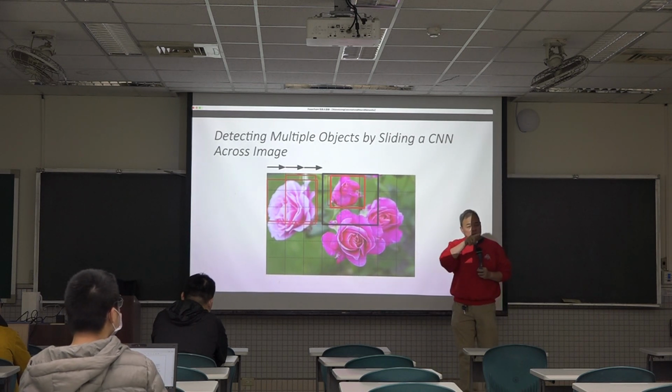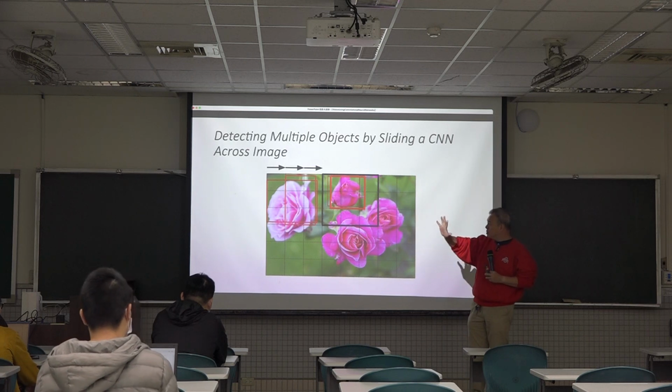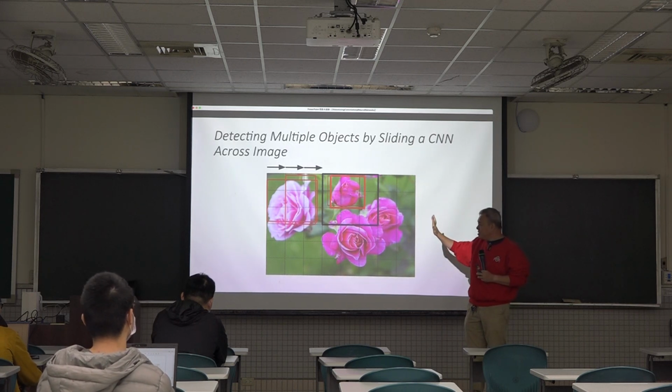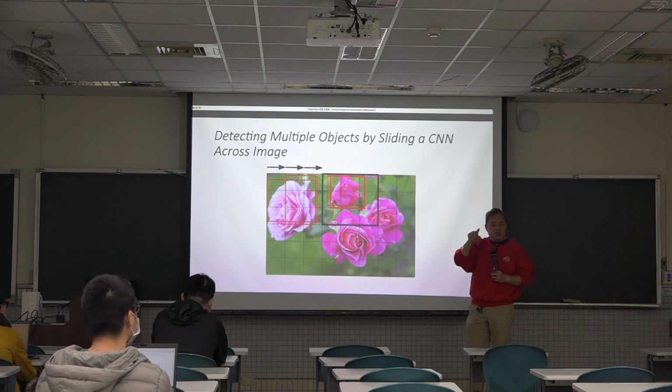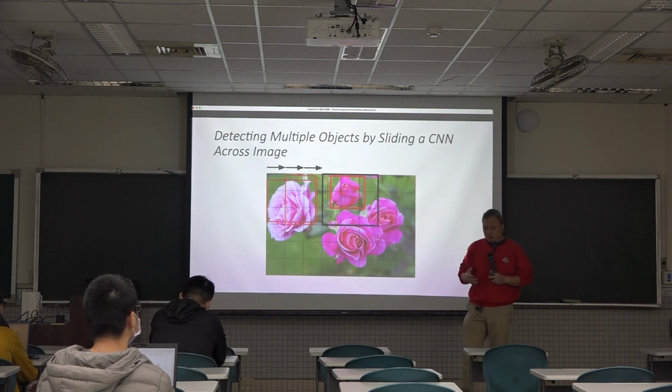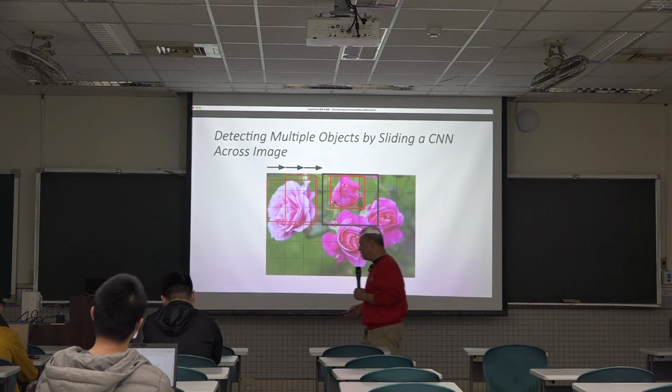Just to check every 3 by 3 grid, we need to do 24 CNN detections, not to mention 4 by 4 and 5 by 5. So it takes a lot of effort, right?